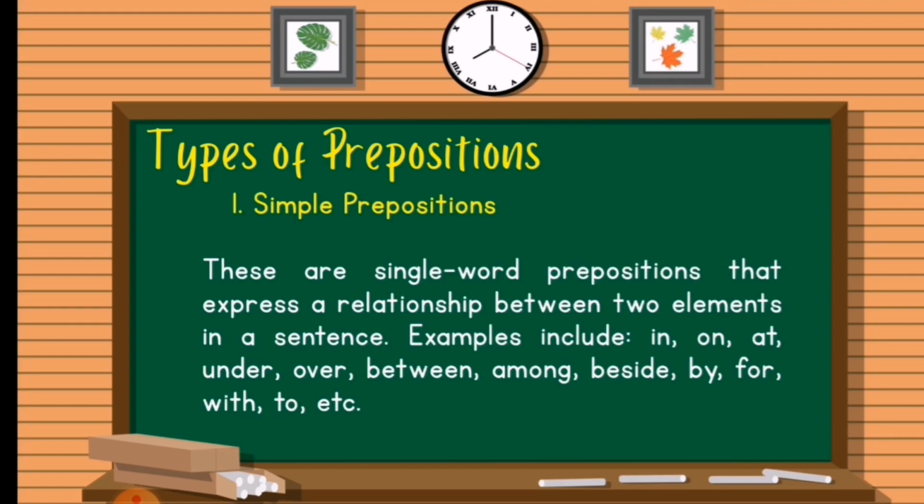So the first type of preposition is the simple preposition. These are single word prepositions that express a relationship between two elements in a sentence.